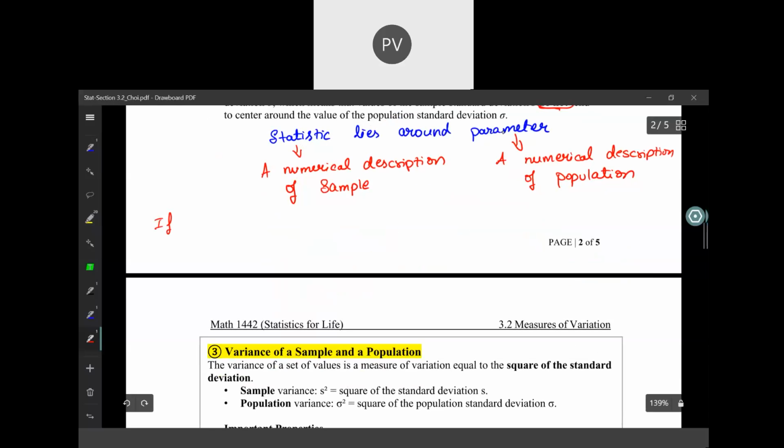If a statistic lies around the parameter, we call that an unbiased estimator.